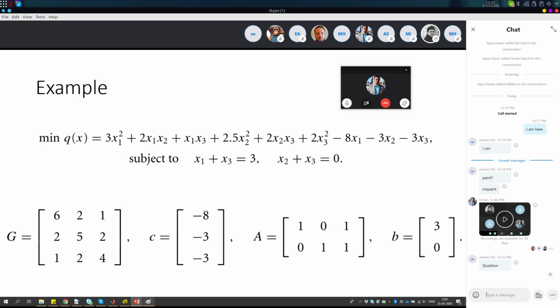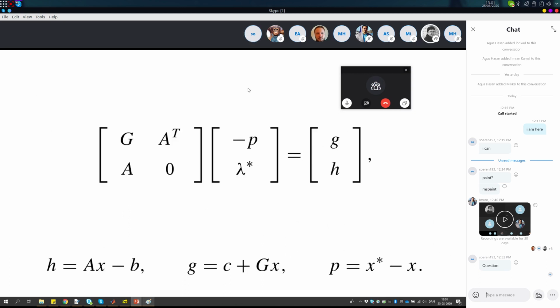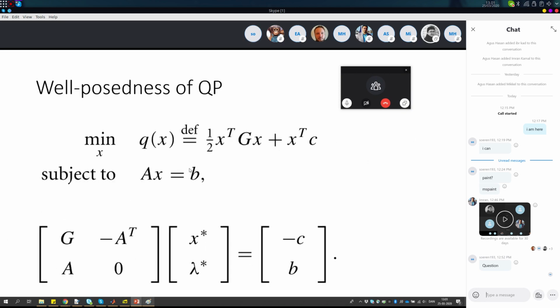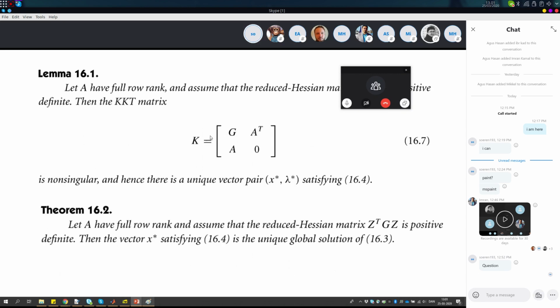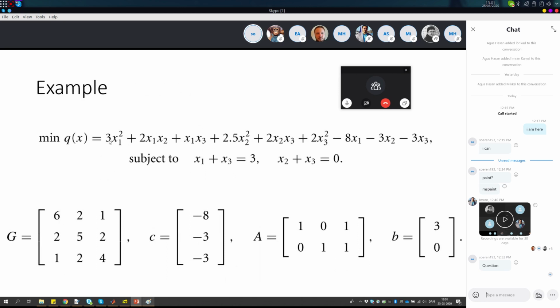The diagonal should be multiplied by 2. And why is that? It's because in the general form, we have a half in the front. So the coefficient of this should be multiplied by 2. So 3 becomes 6, 5 becomes 5, and this 2 becomes 4.